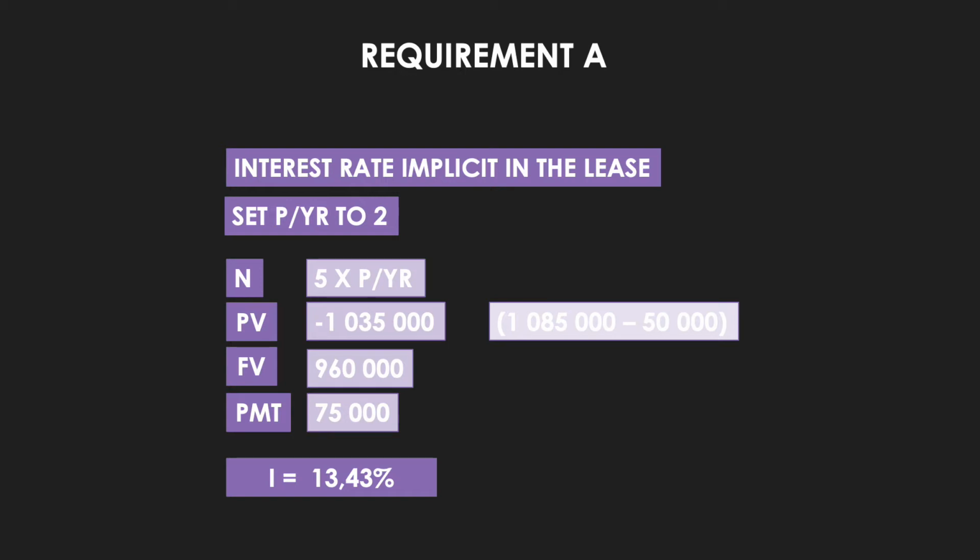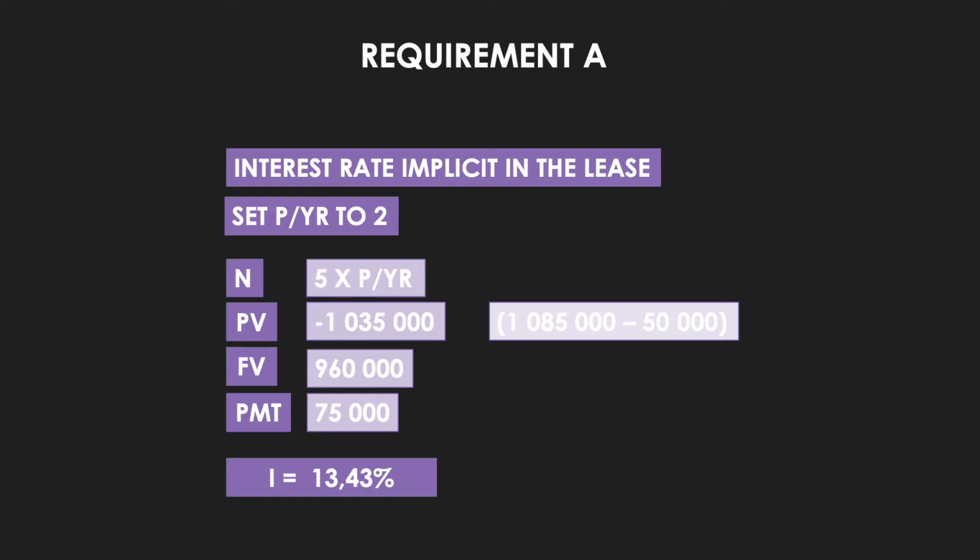If the lessee paid this deposit of R50,000, the lessor does not have to finance that amount. Therefore, the present value is actually R1,035,000 because that is the amount that the lessor is financing through this agreement. You will see I've made it a negative because in my mind, the lessor is getting rid of an asset by leasing it, and therefore it's an outflow of resources.